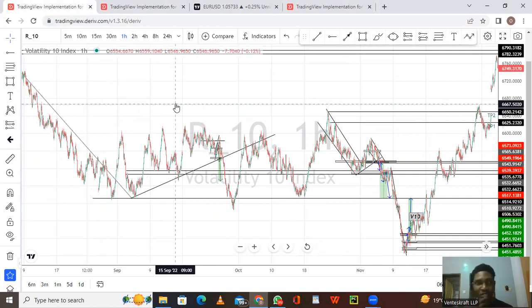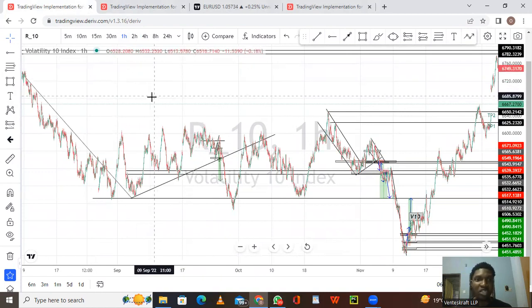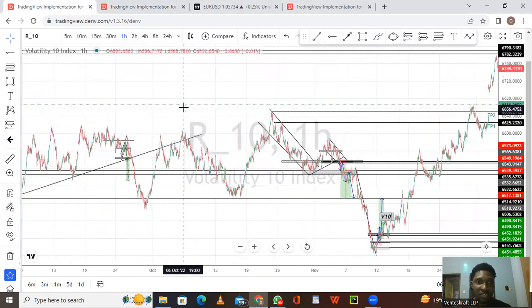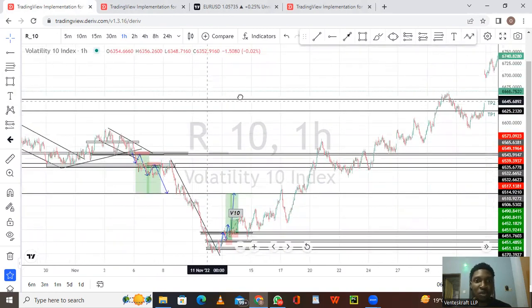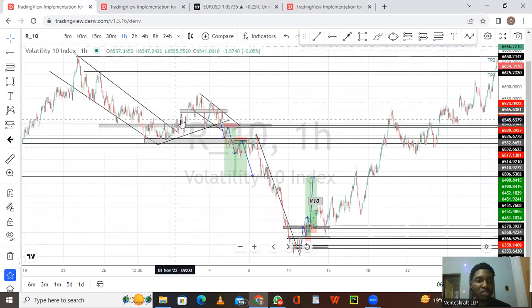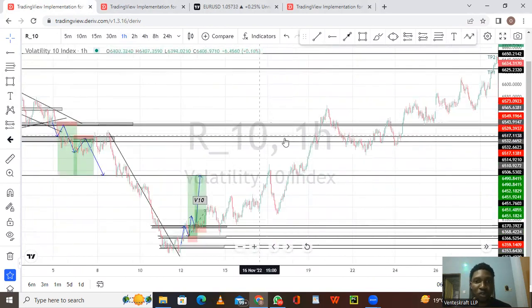The difference between these time frames is that for these structures to be formed on the higher time frame, it will take a longer time. Take for instance, we are on the 1 hour time frame. That means each of these candles takes an hour to form, and 24 hours make a day.